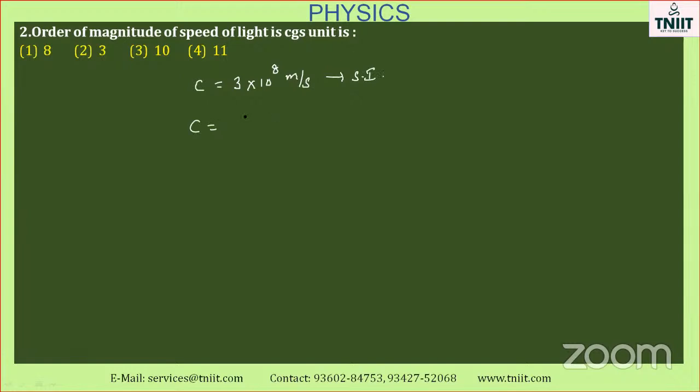In CGS, the speed of light is 3 into 10 power 10 centimeter per second. So what is the order in CGS system? It is 10 power 10. So 10 is the order here. So option 3 is the right answer.